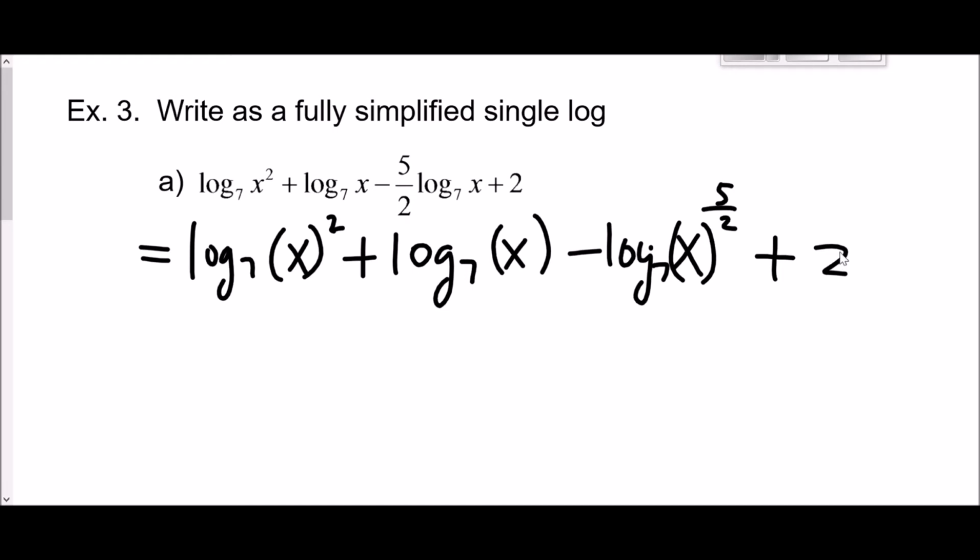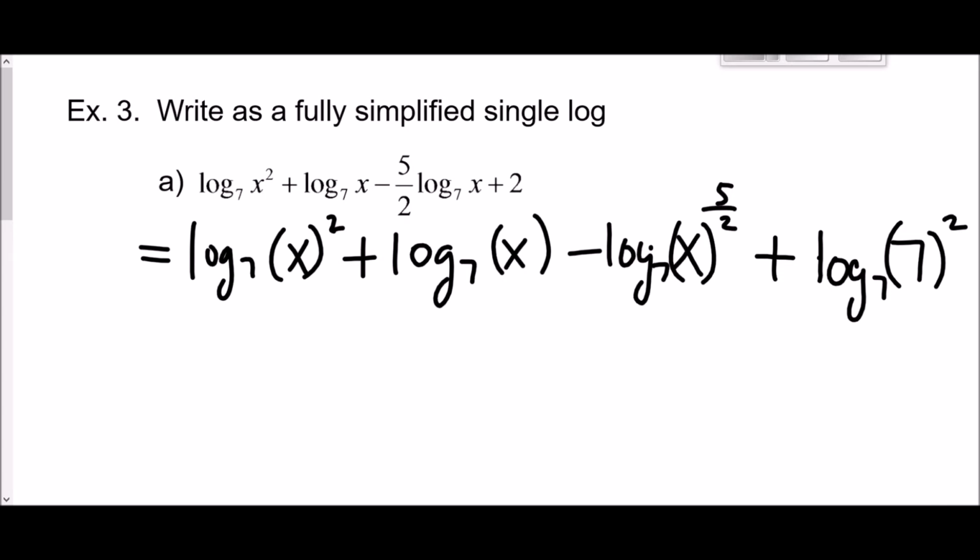Okay, so let's erase this. How can I do that? Can you write that as, well, I want log base 7. Can I write that as log base 7 of 7 square?